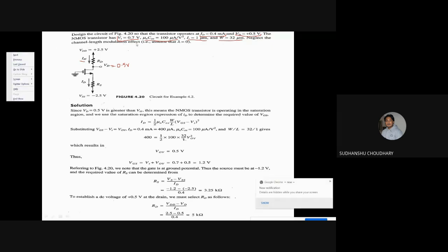And it says to neglect the channel length modulation effect. So that means lambda is 0, we are assuming. Using this, we have to design this circuit, that is, we have to find out the value of RD, drain resistance, and the source resistance.